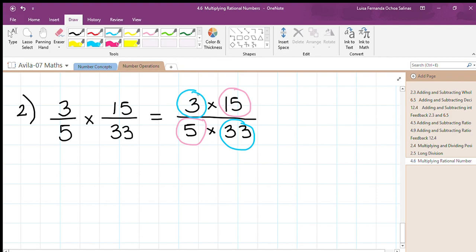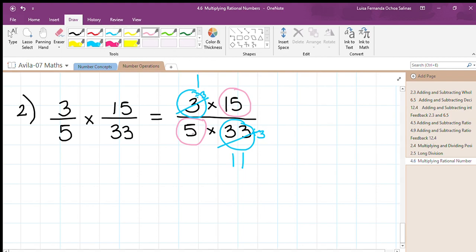So how am I going to do that? This 3, I'm going to divide it by 3, and this one divided by 3. This one is going to become 1, and this one is going to become 11. This is why it's called canceling, because the 3 disappears and it becomes a 1, and the 33 disappears. The 3 and 33 get cancelled, and I have 1 over 11 now.